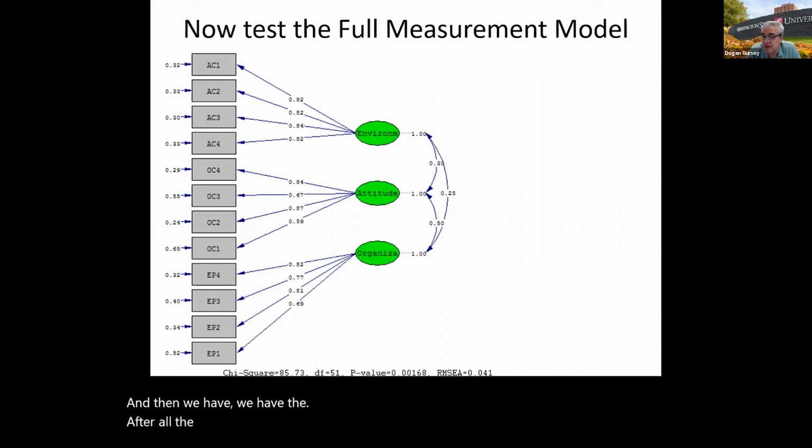For this one, chi-square is 85.73 and degrees of freedom is 51. So if I am running a structural model, the chi-square value should be higher or lower than 85.1? It should be higher or lower than 51?